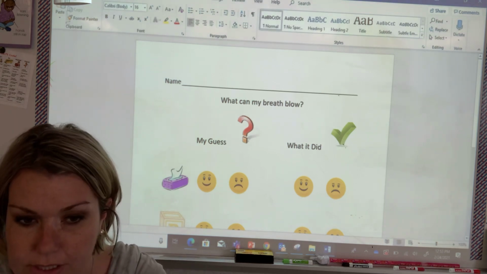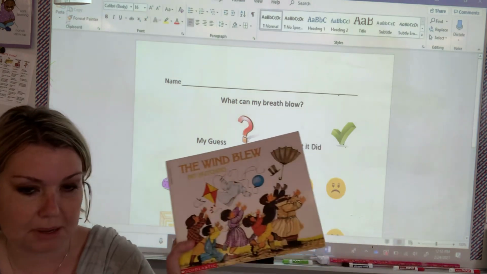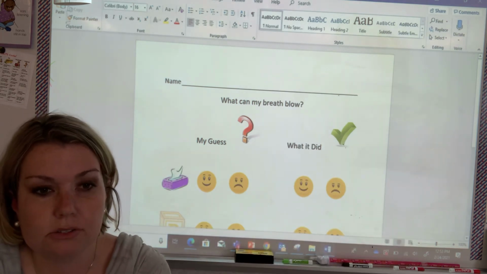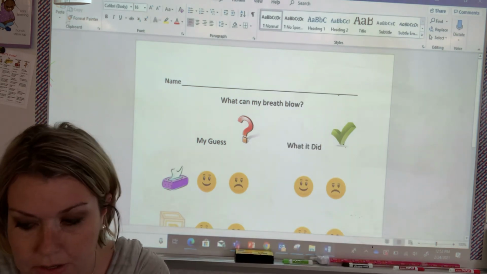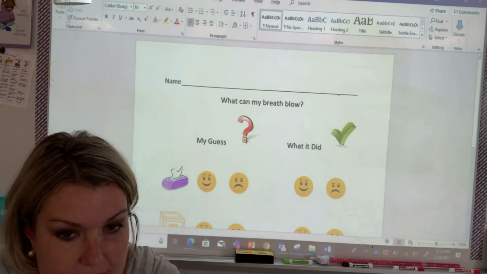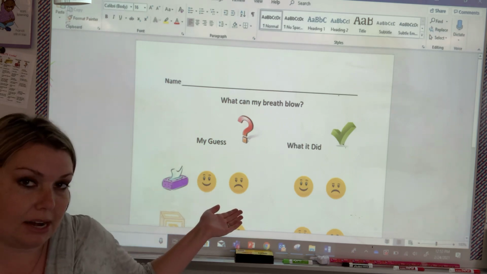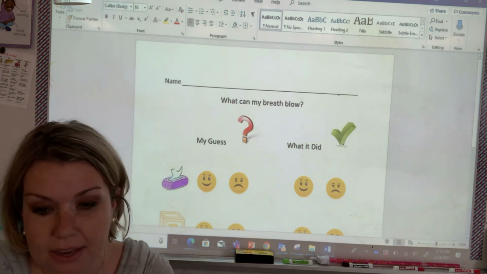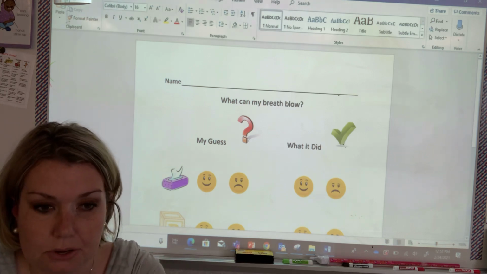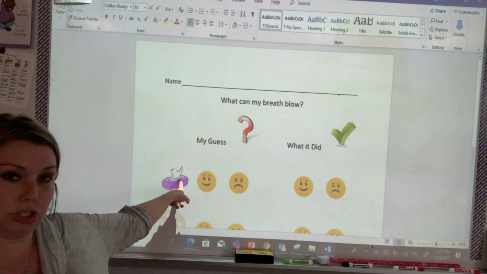I thought this story talked about the wind. We could make a prediction as to whether or not the wind could blow your 5 different objects. So if you have this paper, get it out. It's okay if you don't. If you don't have the paper, you can use a whiteboard or a scrap sheet of paper. You can draw a tissue.